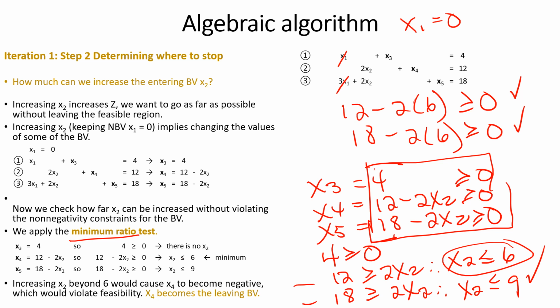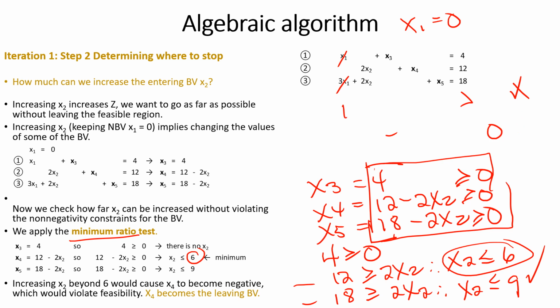Now regarding 9, if I change x2 with 9, I will have 12 minus 18. This will be minus 6. And we're not accomplishing this restriction. This one, yes. Now because of that, we're going to stay with the minimum value here. And that means that at this point, after choosing 6 as the minimum value, if we follow this line, we're going to see that this is related with x4.